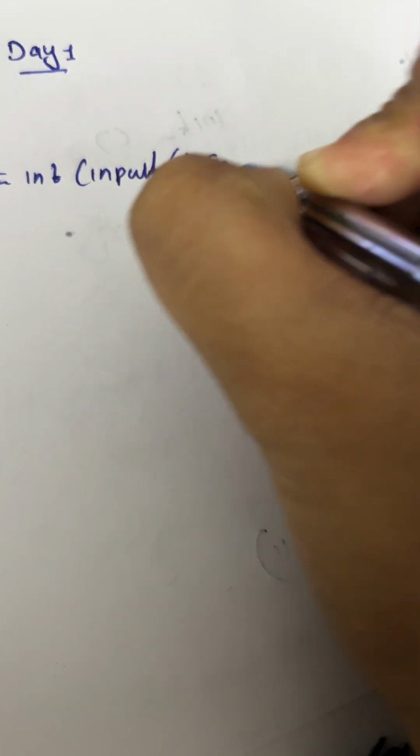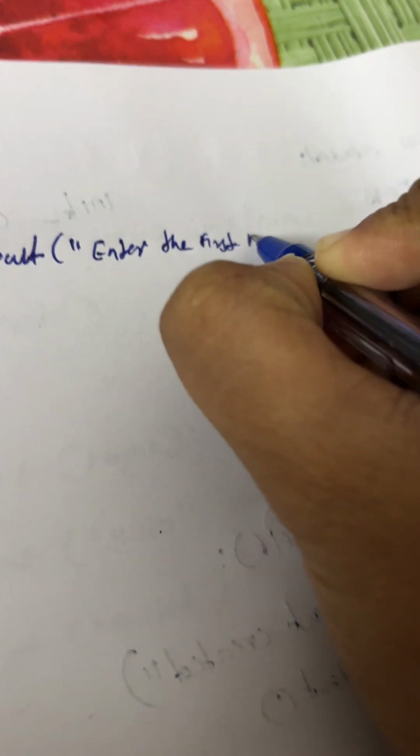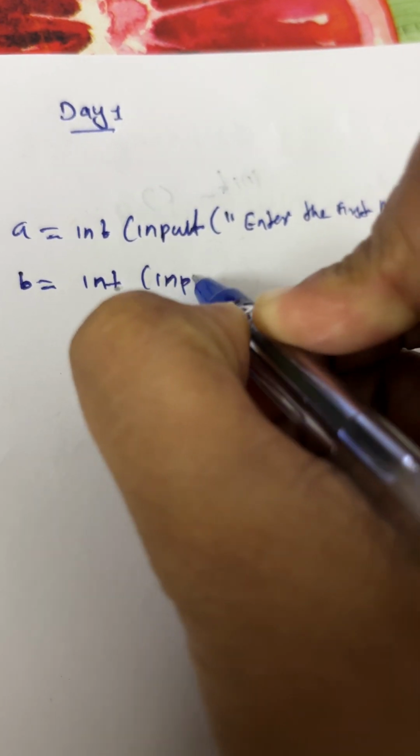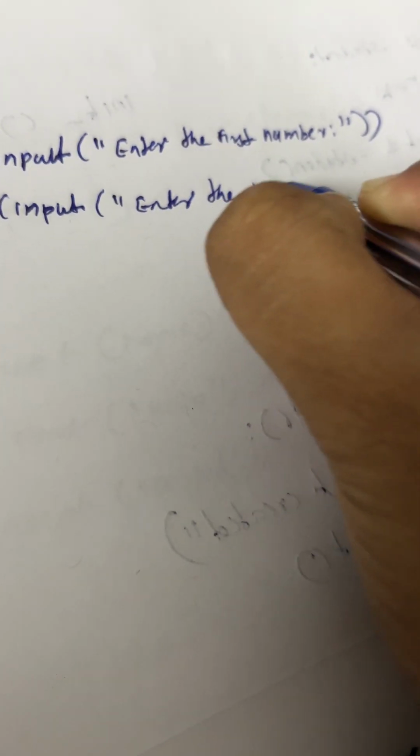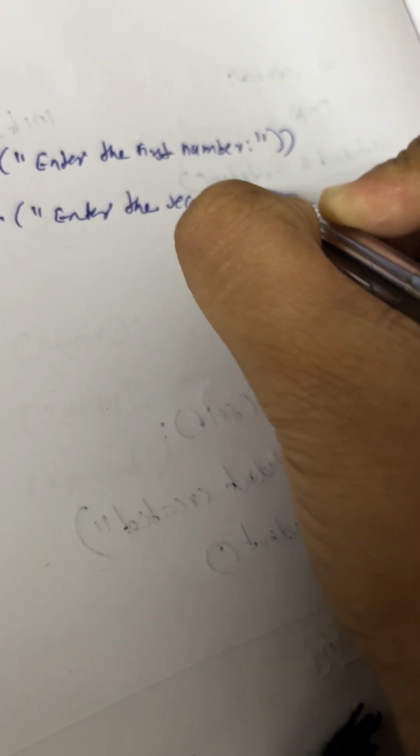Just look at this. A equals int(input("Enter the first number")). Then B equals int(input("Enter the second number")).